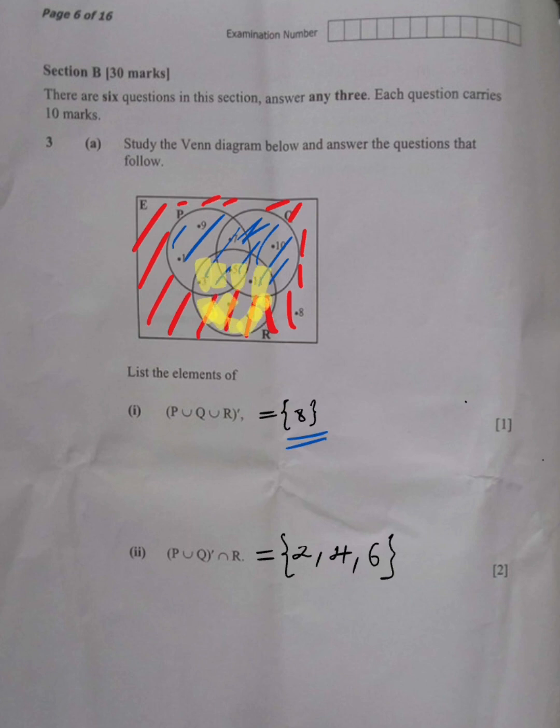So you can see what is the intersection. The intersection is only this red and yellow color, which is 2, 4, and 6 as required. So again, P union Q complement is all the elements that are outside P and Q, but we want those elements that are in R, which is 2, 4, and 6.